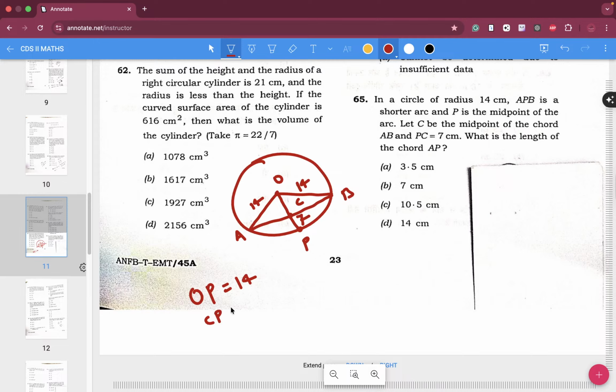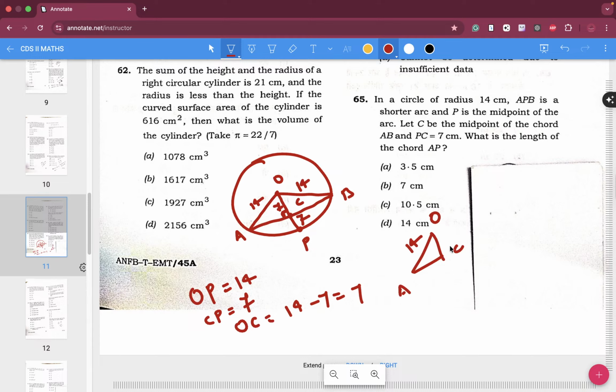CP is equal to 7, which means OC is OP, 14, minus CP, 7, which means 7. OC value is 7. Now this particular angle over here is 90 degrees. So if I draw this triangle over here, O, C and A.